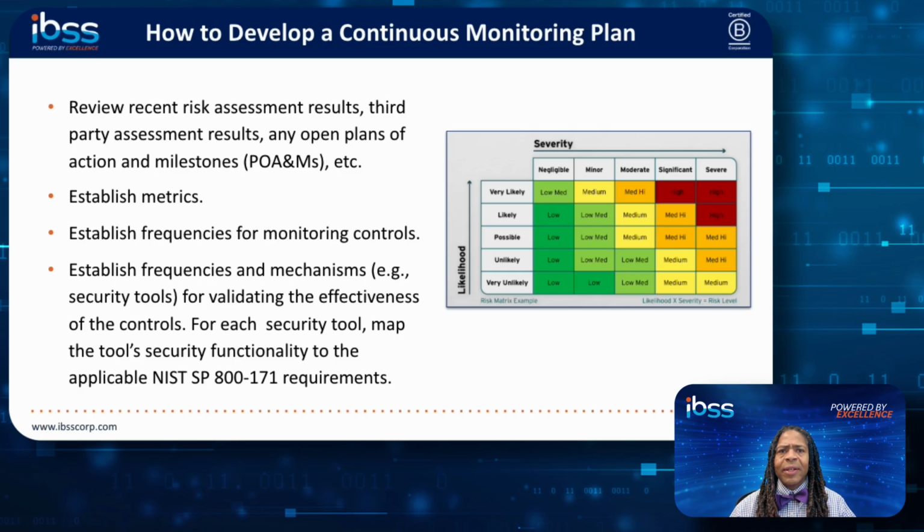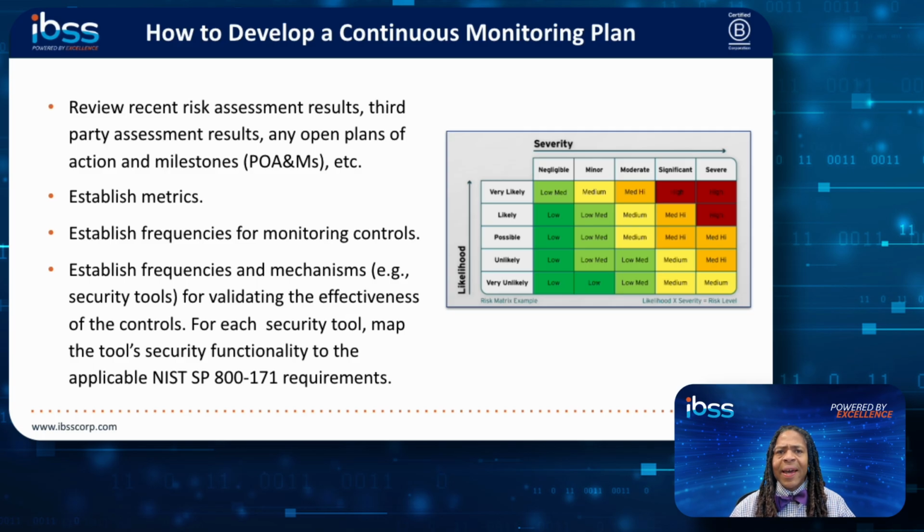We also want to take a look at any third-party assessment results, that is, any organizations that have assessed us. And that also applies to any third-party solution providers that we utilize. We do want to take a look at those results because our vendors that we utilize impact our security posture. We also want to take a look at any POAMs that we have in place, that is any plans of action and milestones.